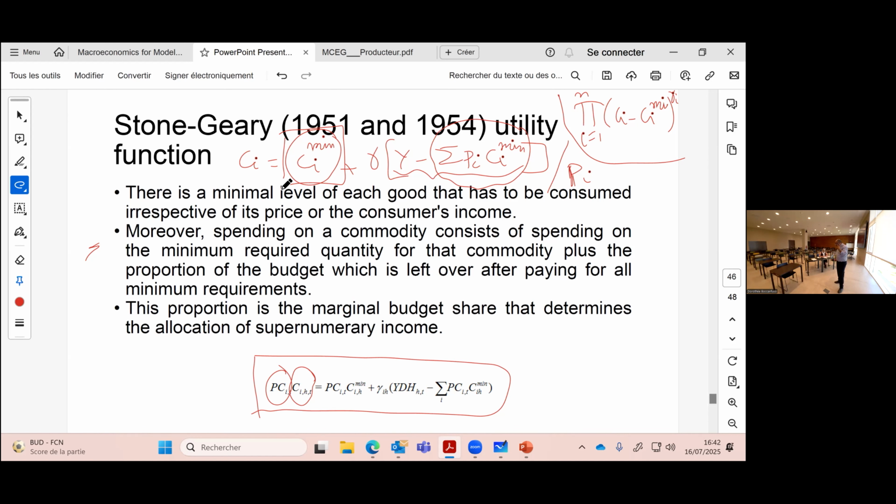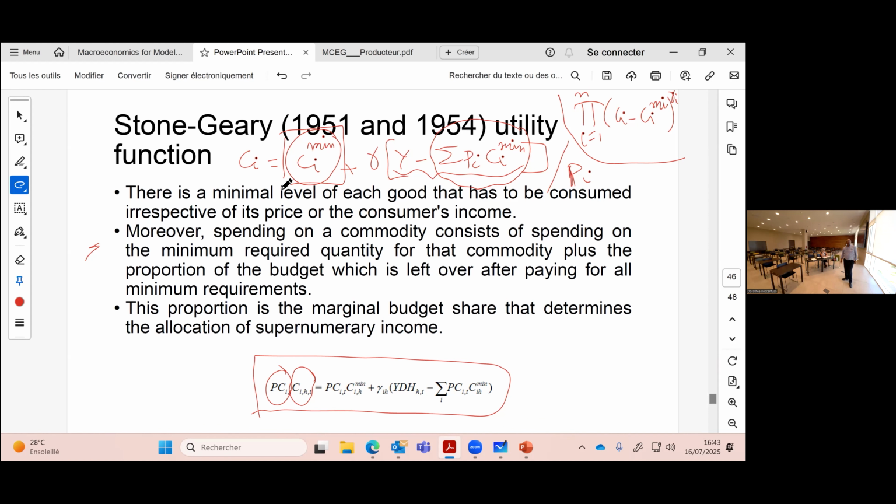On the utility side, researchers use the Cobb-Douglas utility function because it is easy to calibrate, but it has many limitations, which I explained before when I described the problems we have with the Cobb-Douglas utility function.